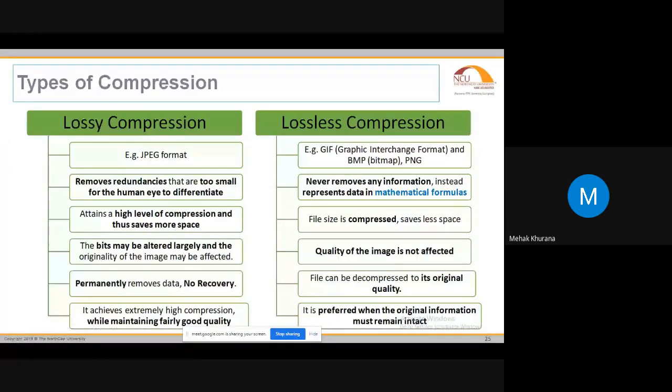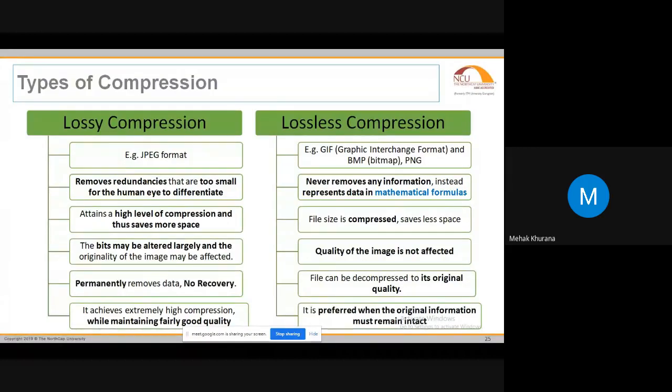But in lossless compression, the quality of the image is not affected to a large level, and the normal image can be recovered. So, coming back to lossy and lossless: in lossy we get fairly good quality, and in lossless we get much better quality.